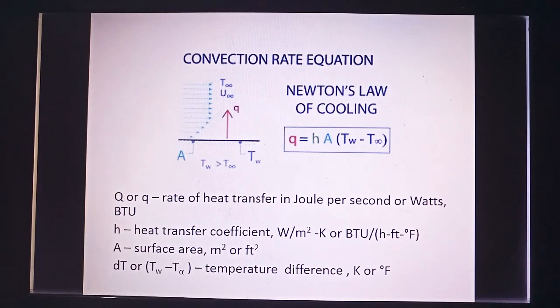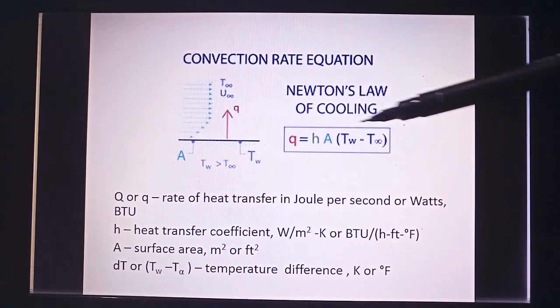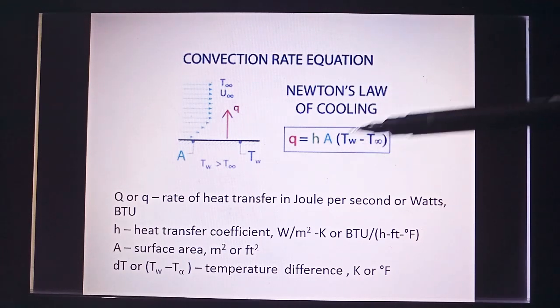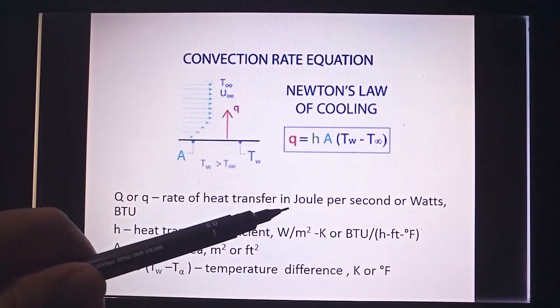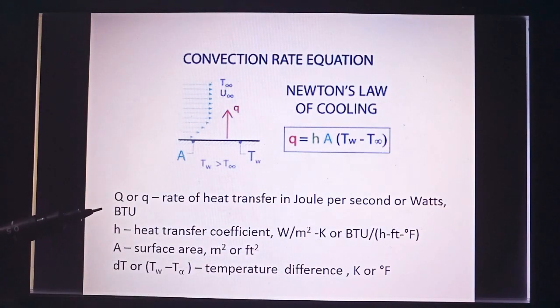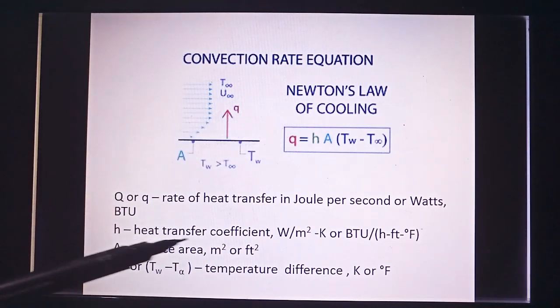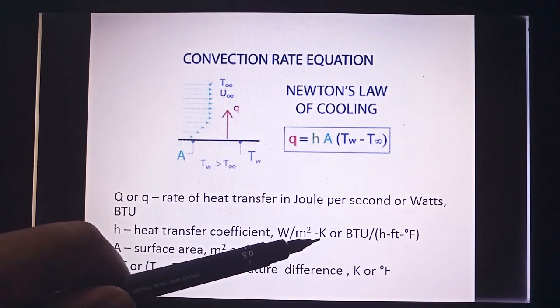Now, for the convection rate equation, we apply Newton's law of cooling, wherein the formula is Q equals h times A times the change in temperature. Q here is the rate of heat transfer, again in joules per second or watts, and in English units that is BTU. h is the heat transfer coefficient, which is watts per square meter per Kelvin.